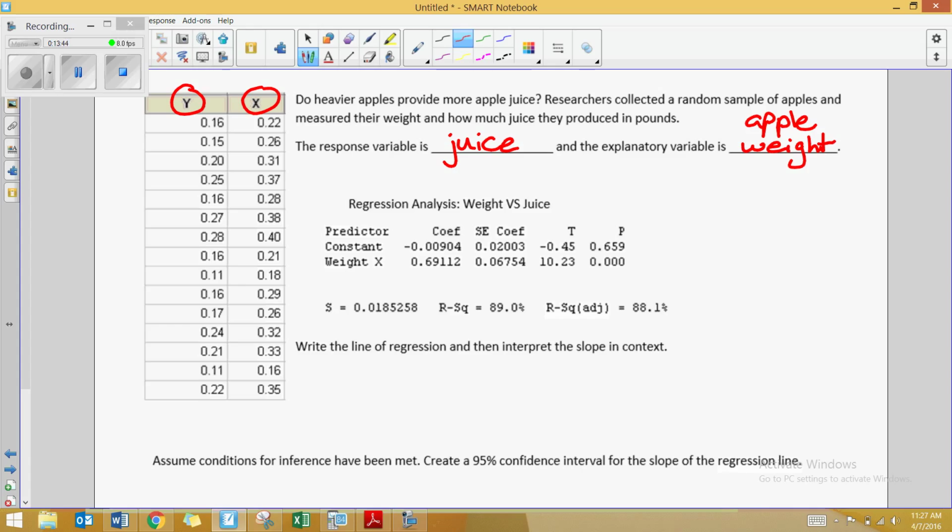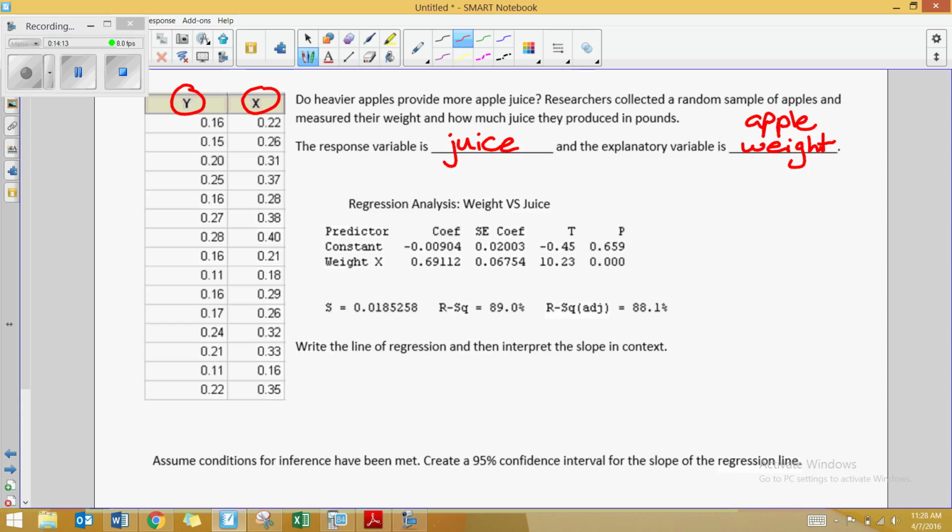All right, the math will not change if you reverse those, but as far as explaining your findings and your results and your statistics, we want those to just remain logical. So the larger the apple, typically the more juice. You wouldn't say, because I had more juice, that explains a larger apple. Again, this is the more logical assignment of explanatory and response.